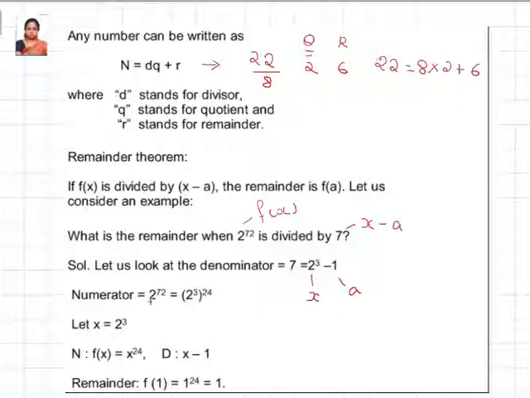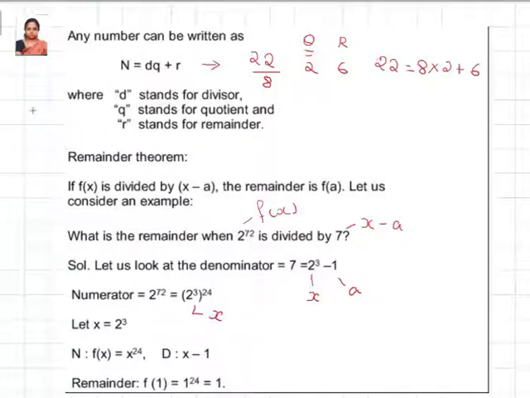So the 2 power 72 in your numerator, we change and write in the form of 2 power 3, because that is what we have taken in the denominator. 72 can be written as 3 into 24. So you bring this 3 inside so that this becomes 2 power 3, and that is nothing but your x. So x is equal to 2 power 3.